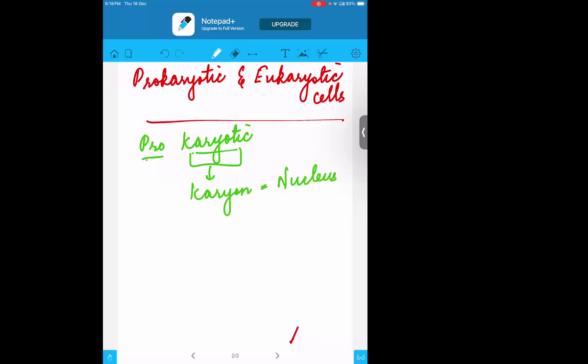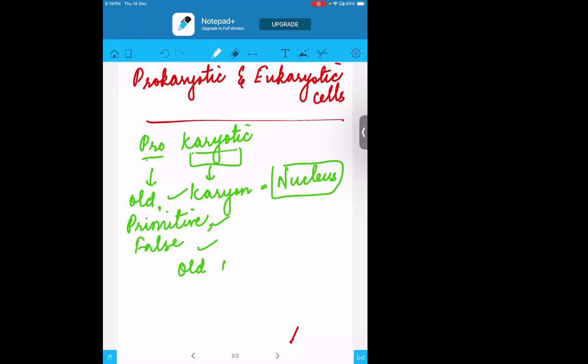So karyon means the nucleus, and pro means old, or primitive, or it is also called false. When you join these two words together, old or primitive, and karyon, nucleus, it gives you the old nucleus, or we can say the primitive nucleus.